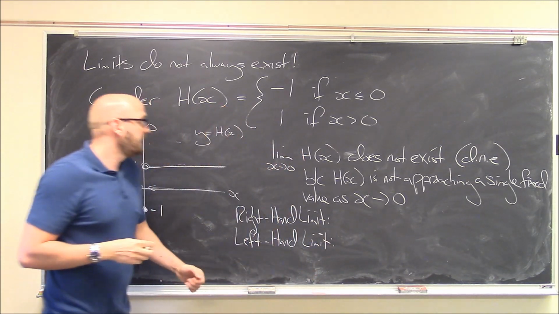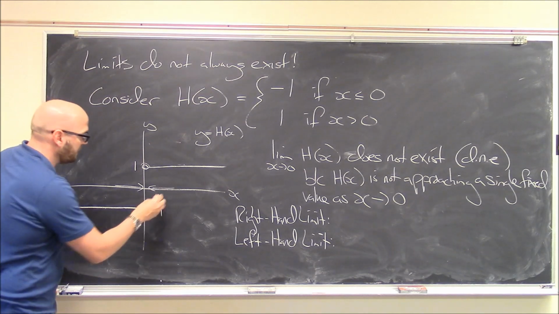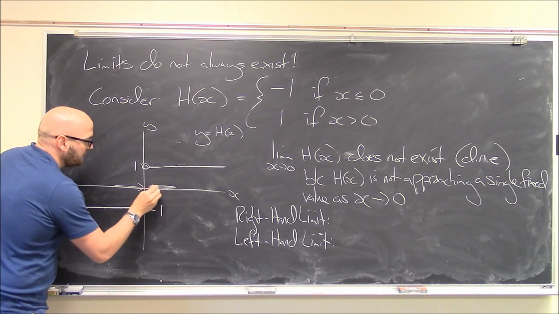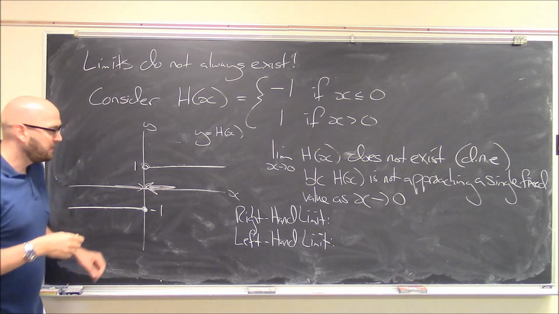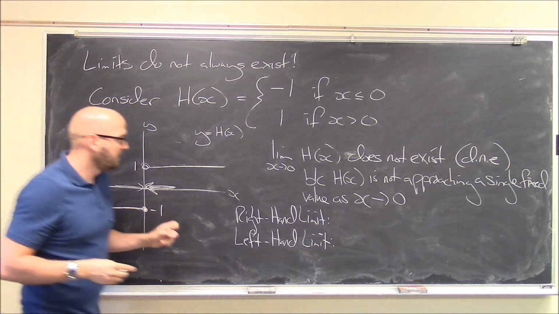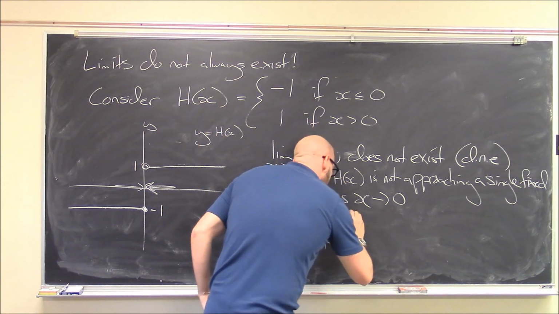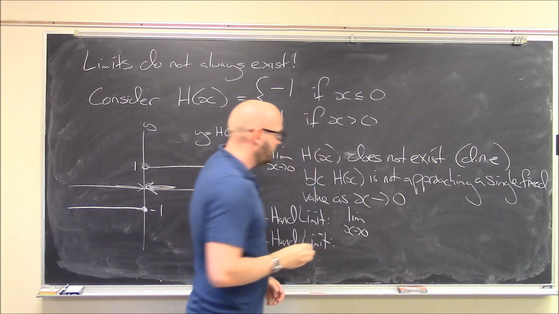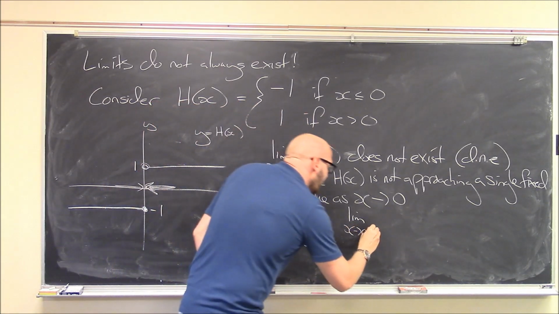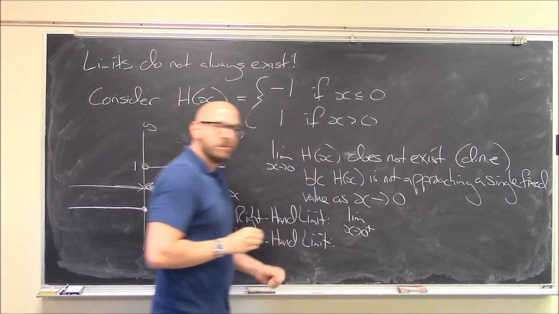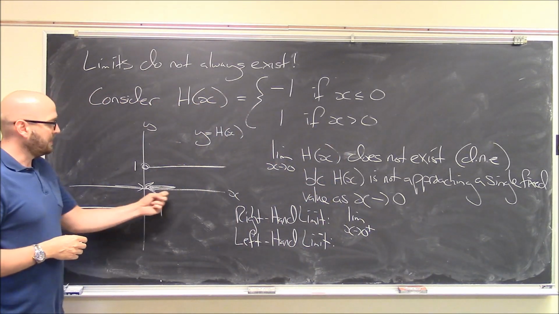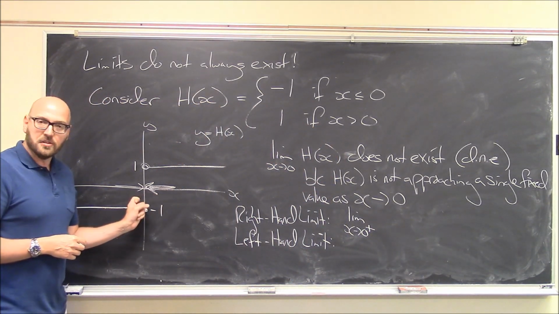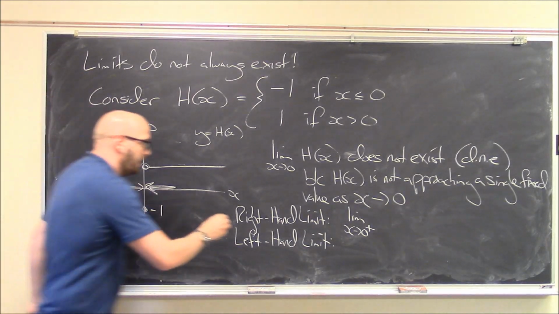And for this function, these actually do exist, right? So we've talked about coming into x equals 0 from the right, for positive values of x. And this exists, and the way you denote this is you say the limit as x approaches 0, and the way you indicate it's a one-sided limit is you superscript the 0 with a plus. Right, so I'm coming in to 0 from values bigger than 0, of h of x.